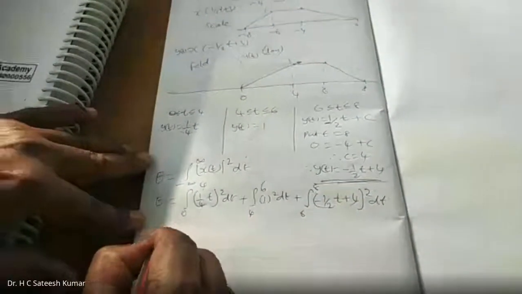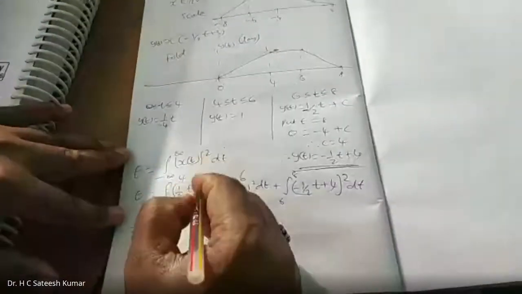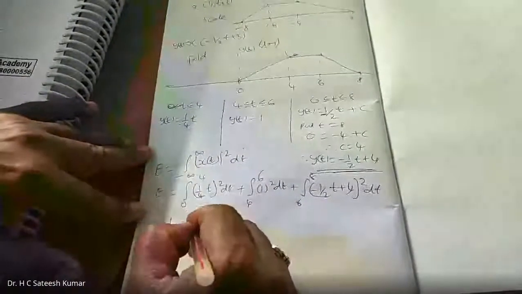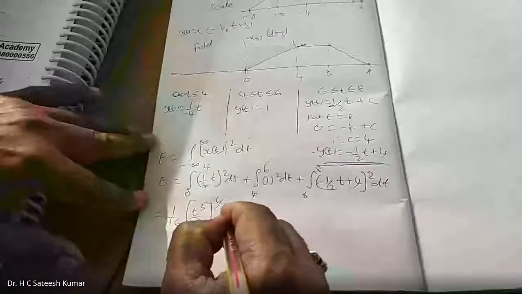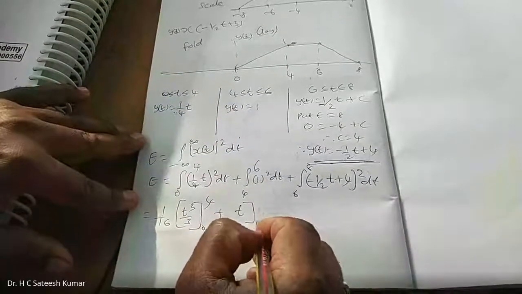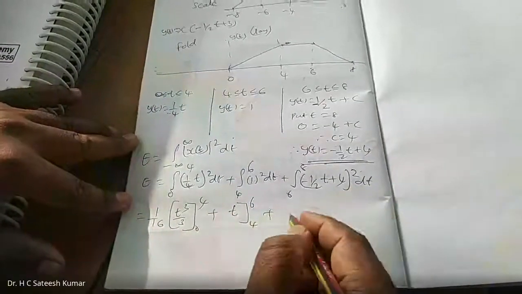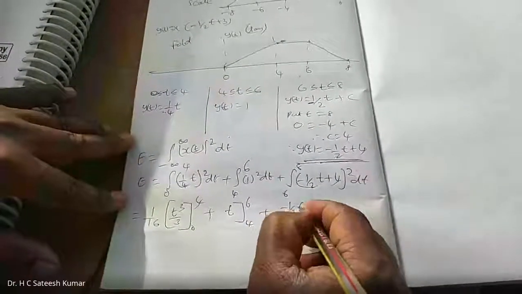which is equal to 1 by 4 whole square, that is 1 by 16. Integration of t square is t cube by 3 between the limits 0 to 4, plus 1 square is 1, and integration of 1 is t between the limits 4 to 6. Integration of this one, minus half t plus 4, this is like a t.